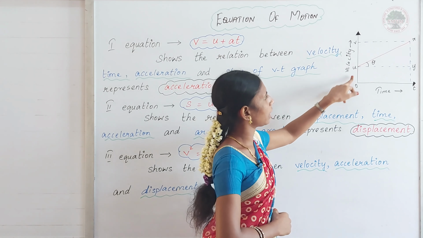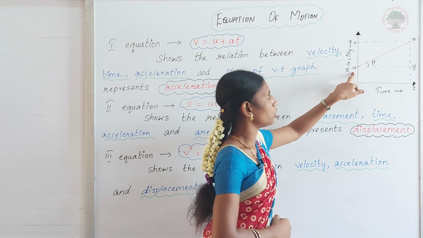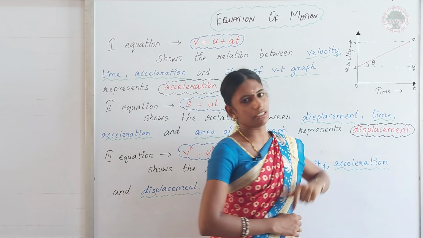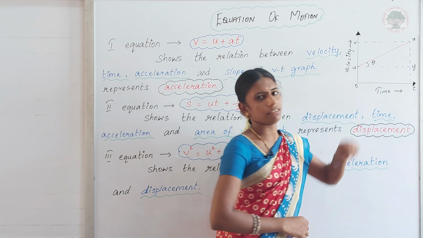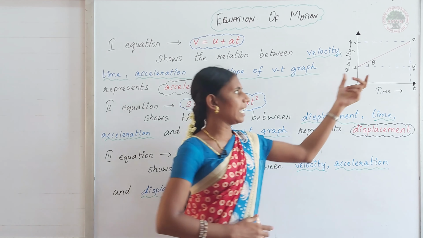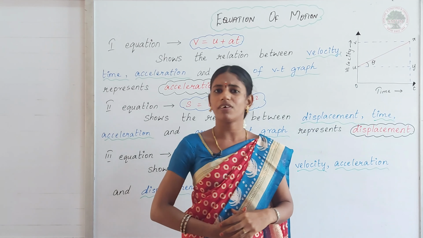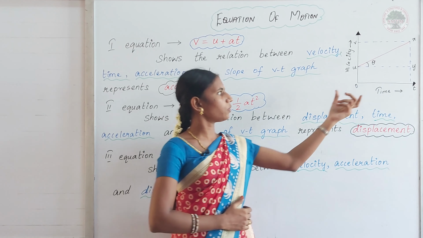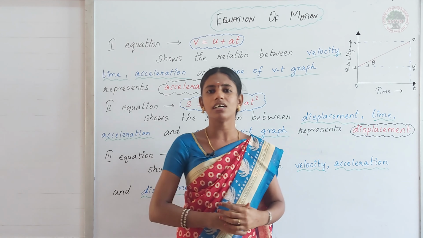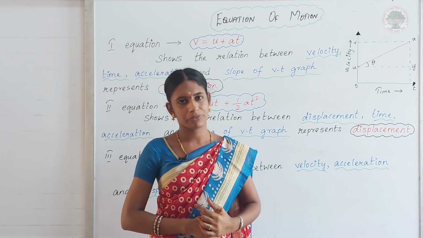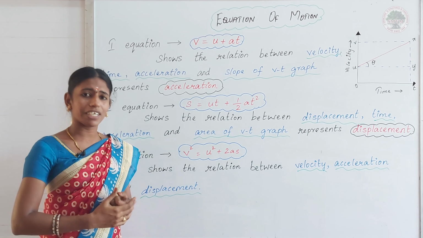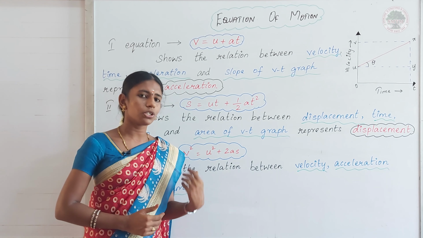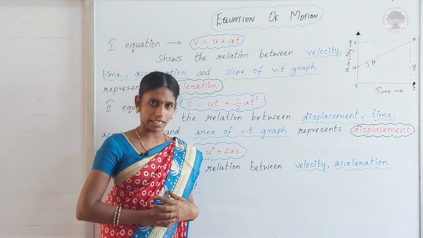This equation can be derived from this graph by taking the area of the velocity time graph. So here we can take the area OUXT. If you see this area, it forms the model of a trapezium. So we derive it with the help of the trapezium formula. The third equation is v square is equal to u square plus 2as.